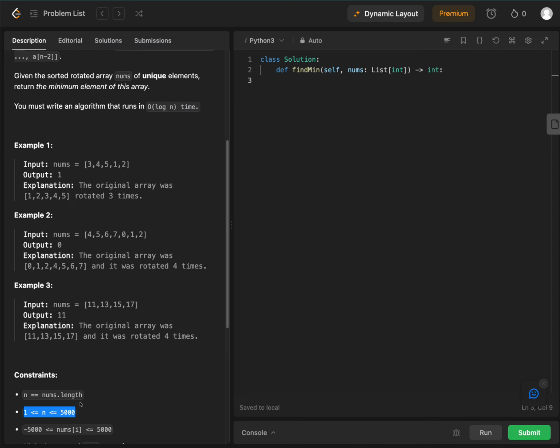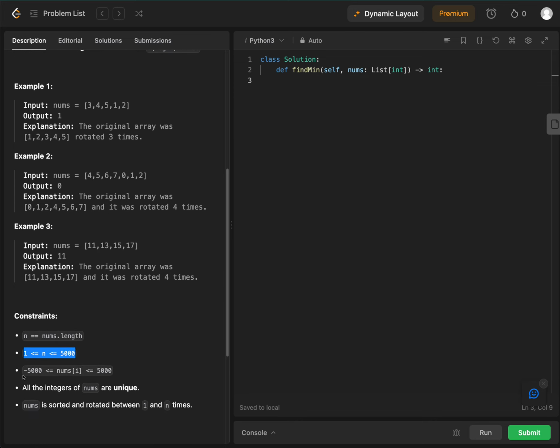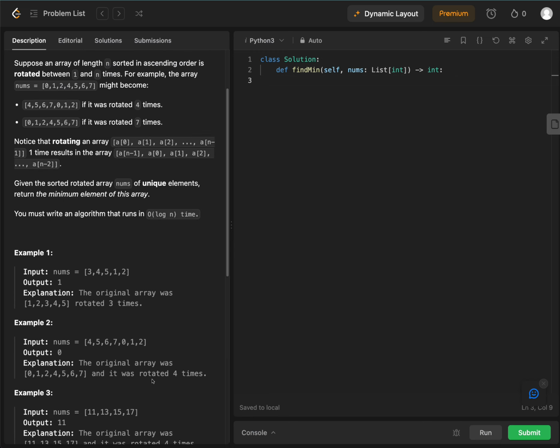Okay. Yep, and then the array is sorted. So this is quite a tricky question.